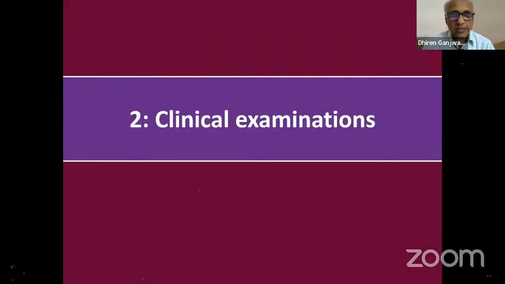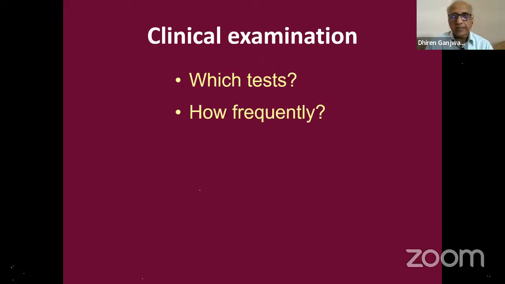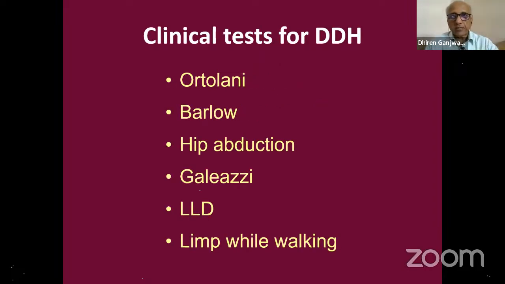Coming to the second point, the clinical examination. I am sure that everyone in the audience knows about the clinical examination. So there are two points which we want to discuss: which test and how frequently. We know that it starts from the Ortolani test to Barlow to hip abduction to Galeazzi, limb length discrepancy, and the abnormal gait.